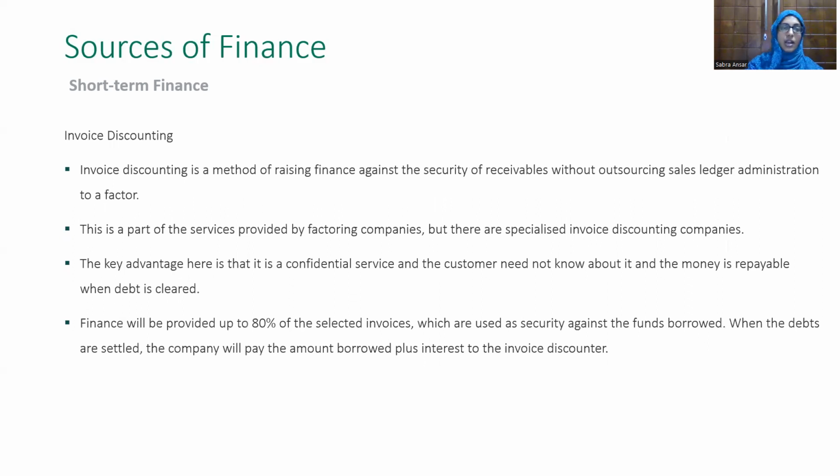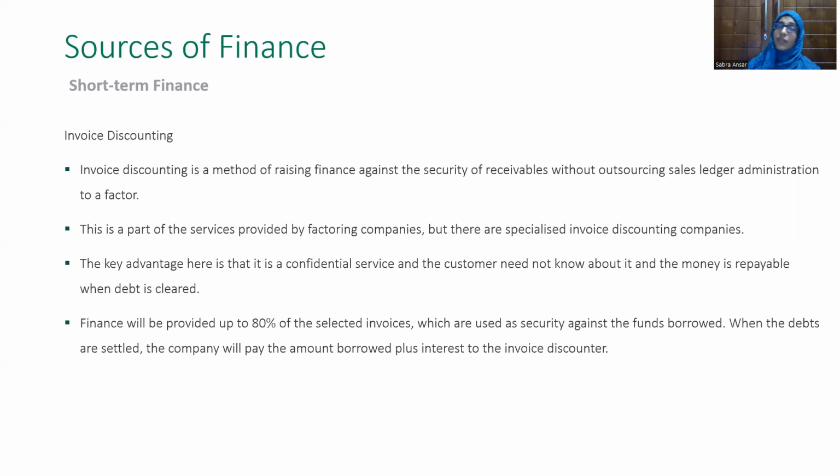Invoice discounting is another short-term discounting method, where finance is provided against the security of the receivable, without outsourcing the sales ledger administration to a factor. Sales ledger administration is included as part of the services provided by the factoring company, which are also specialized invoice discounting companies as well.